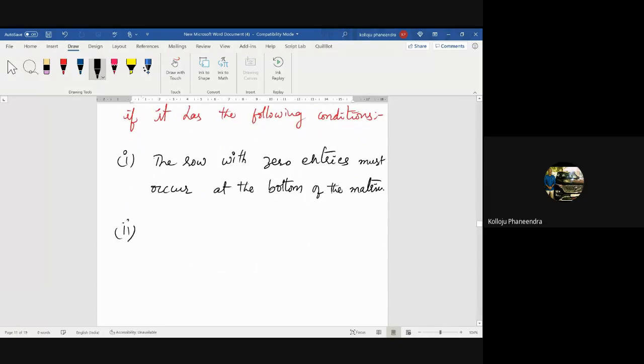Second one, this is important. The second condition, try to understand this.